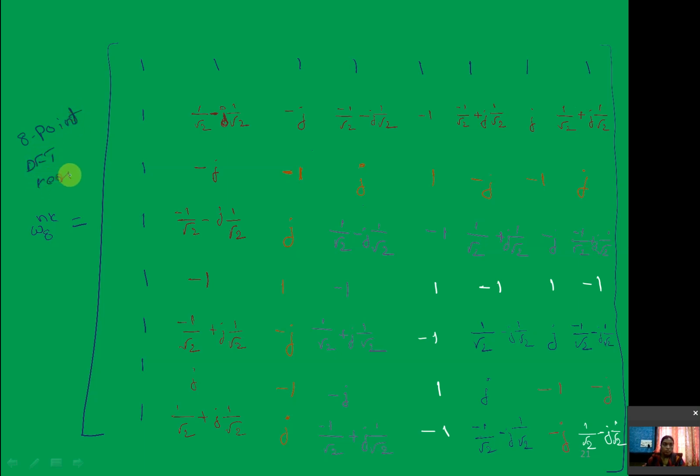Like this. And then using this you multiply this kernel with the 8-point column vector, that is x of n, and then you can get the x of k. So x of k is equal to W8 power nk x of n.